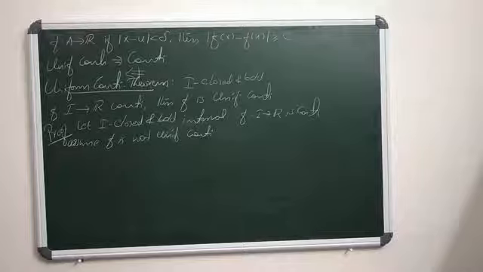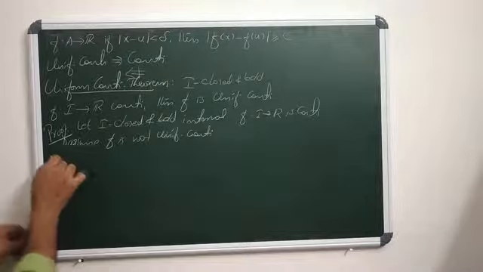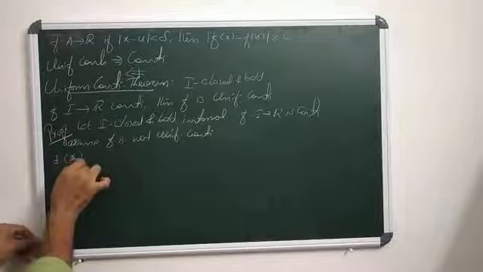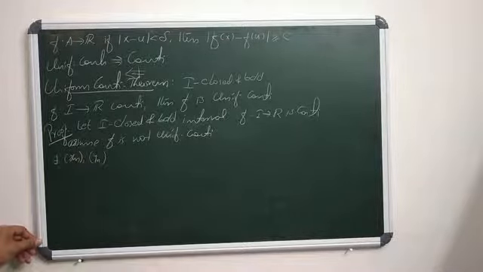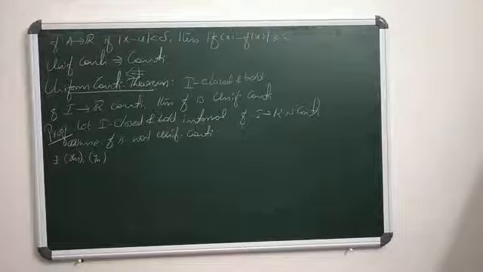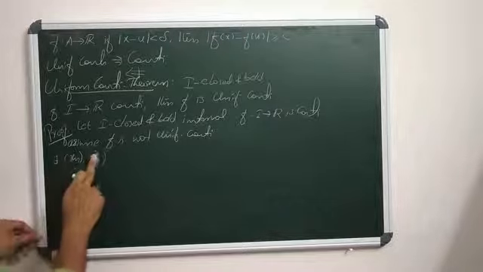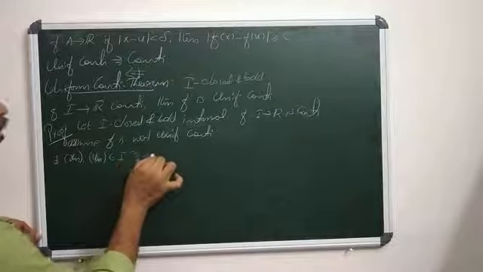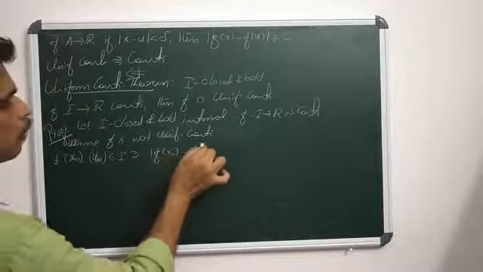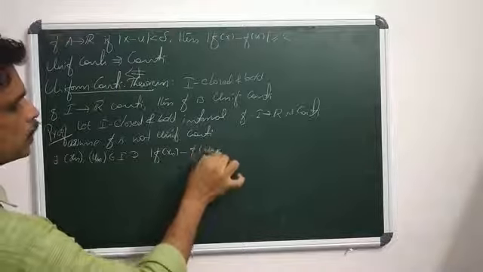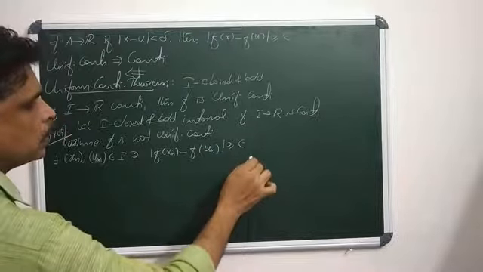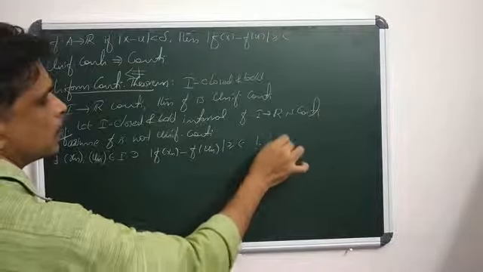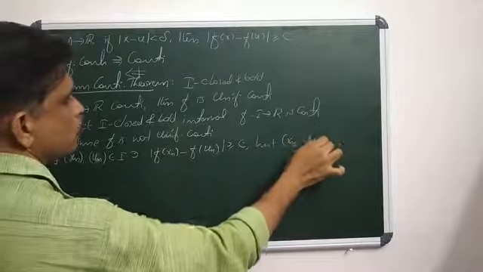Since f is not uniformly continuous, by the criteria of non-uniform continuity, there exist sequences xn and un in I such that modulus of f of xn minus f of un is greater than or equals epsilon, with limit of xn minus un equals 0.